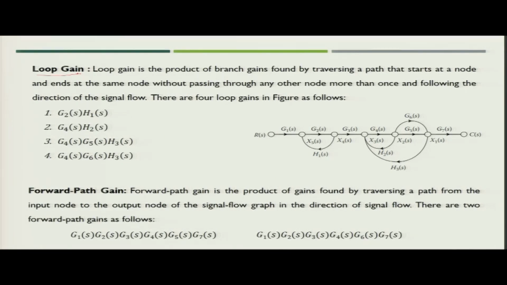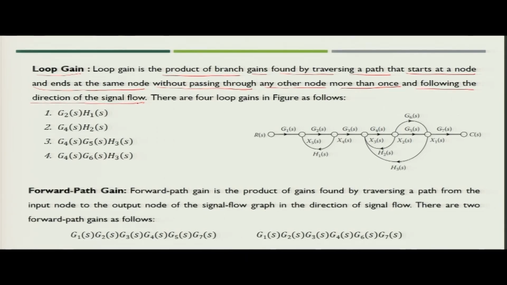First is loop gain. Loop gain is the product of branch gains found by traversing the path that starts at a node and ends at the same node without passing through any other node more than once and following the direction of the signal flow.